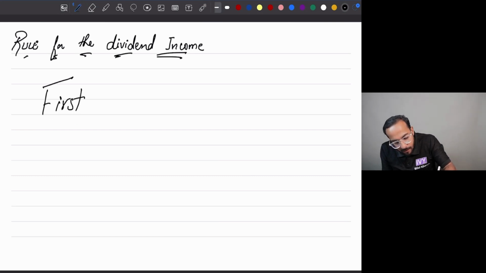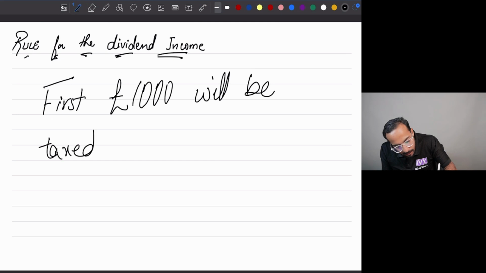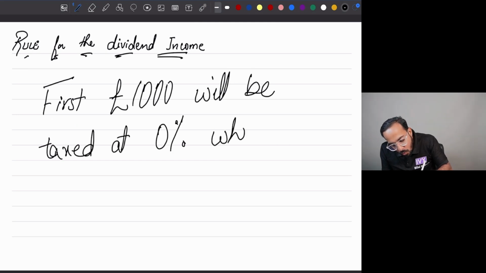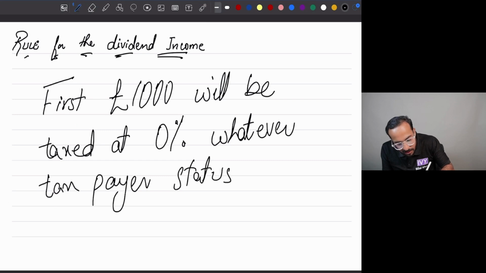The first 1,000 pound will be taxed at 0%, whatever the taxpayer status. What does it mean, sir?